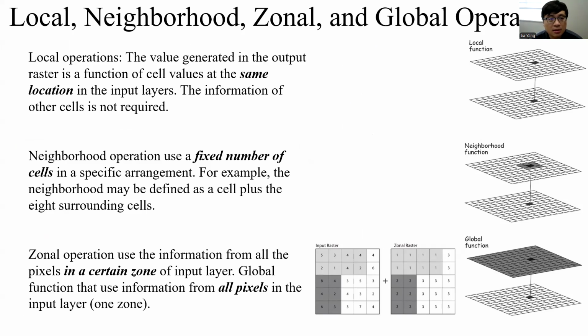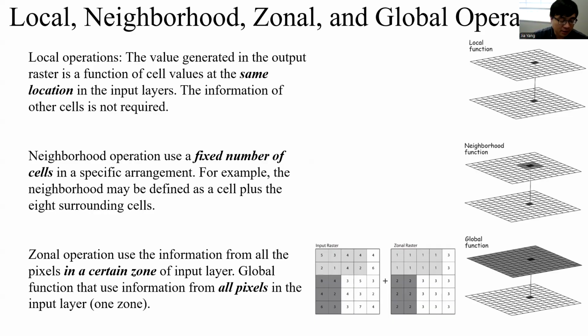For the local operations, the pixel value in the output layer will only depend on the pixel value in the input layer at the same location. So that's the local operation. It's very popular, like what you did in the lab.